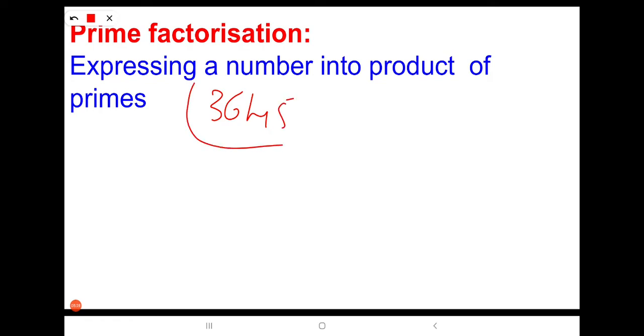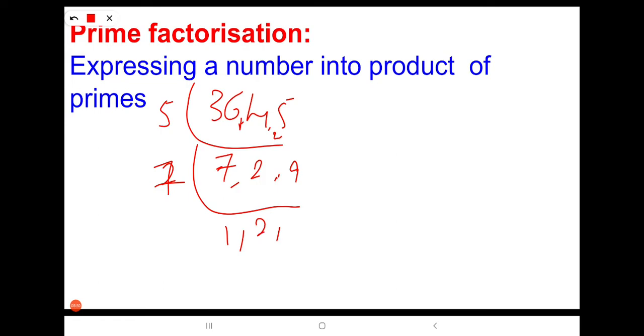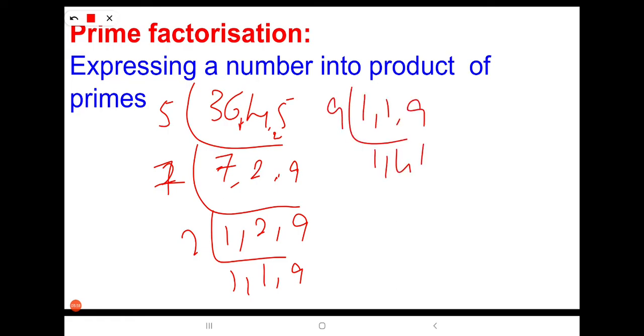While doing prime factorization, 5 sevens are 35, comma 1, and 5 twos, comma next, 4 is remaining, 5 nines are 45. In the next step they will do it like this: 7 ones are 7, 2 ones are 2, and again they will do like this, 9 ones are 9.